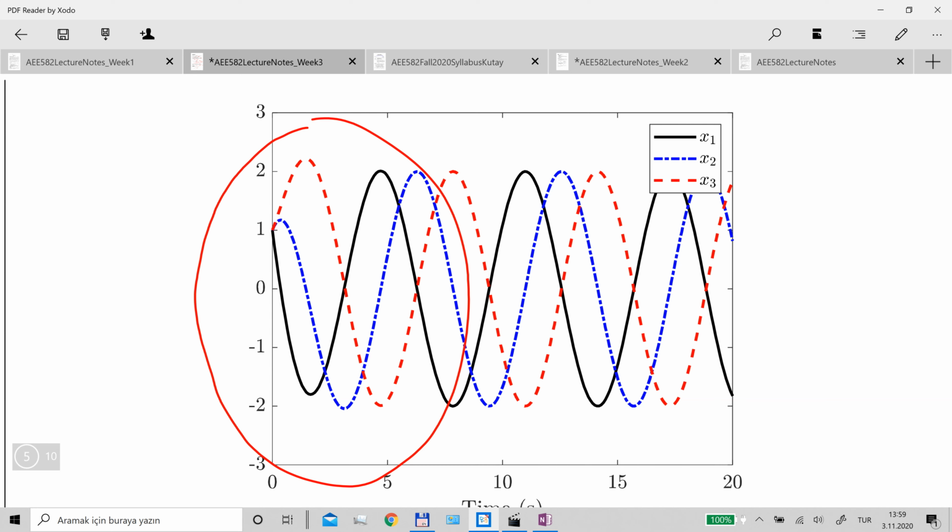But this first part where the oscillations are not pure sine waves is an indication that the stable mode has been excited here as well, in addition to the oscillatory mode.